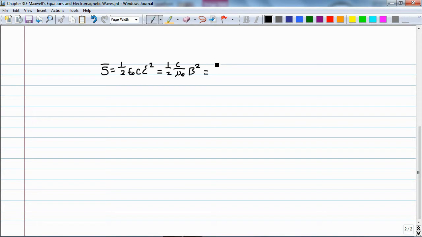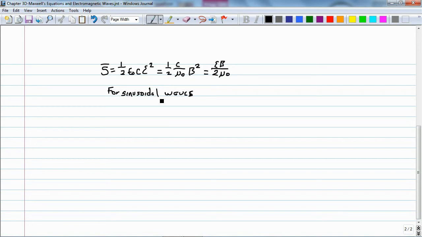And also, again, electric field times magnetic field divided by 2 mu naught, and this is for sinusoidal waves. This is what our average value would be for sinusoidal waves.